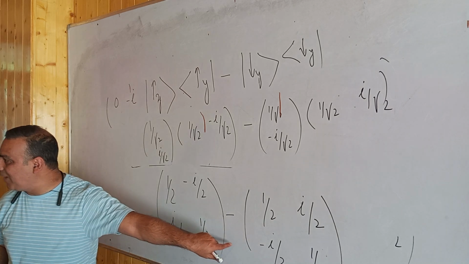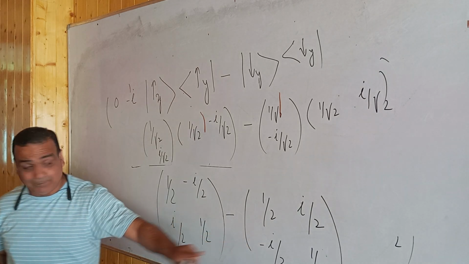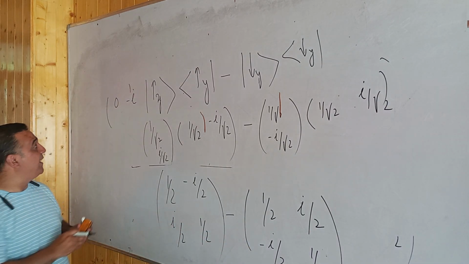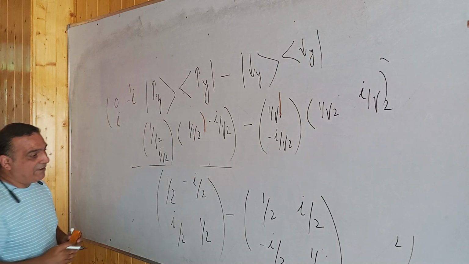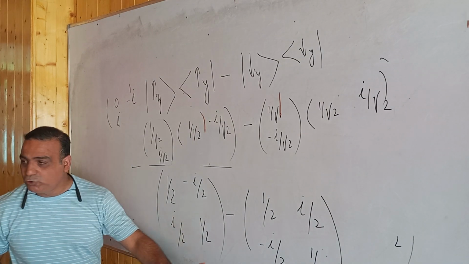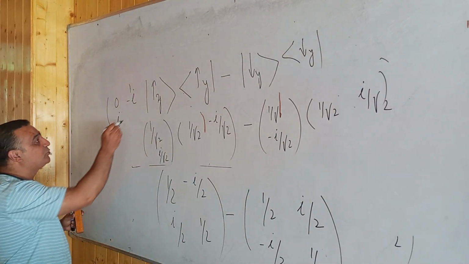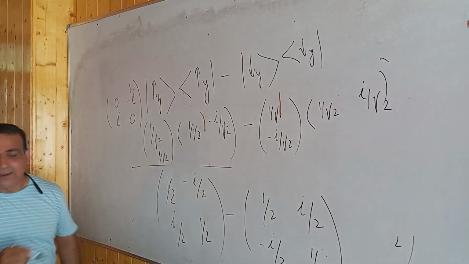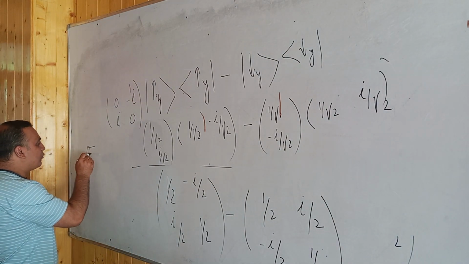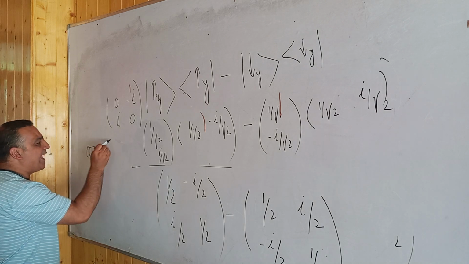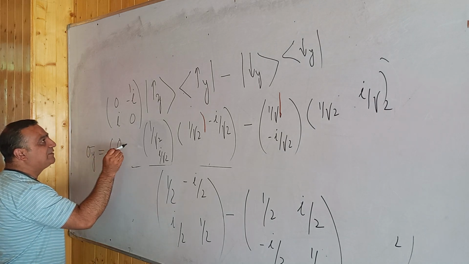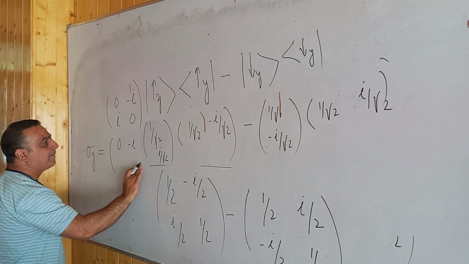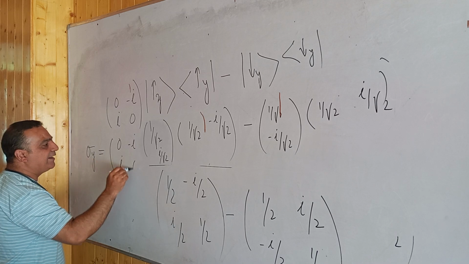You multiply this minus with this minus, it will become plus, so you will have I here. And finally, 1 by 2 minus 1 by 2 will lead us to 0. Now this is your well-known sigma y. So this is another component of the Pauli matrix, as sigma y is 0, minus I, I, and 0.